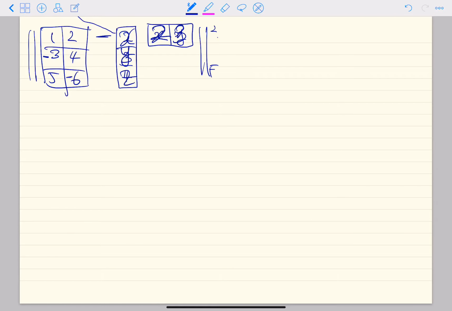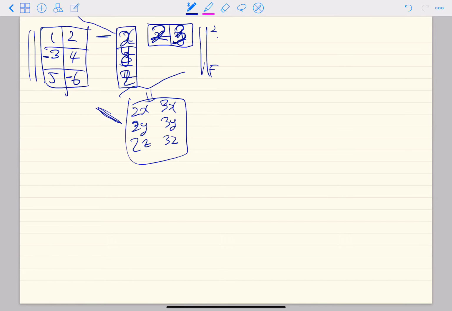In this case, we can also simply rewrite this part as 2x, 2y, 2z, and 3x, 3y, 3z, and then do the same thing. For x, y, and z, it will be just a univariate second order optimization problem, so we can also easily obtain the optimal values of x, y, and z.